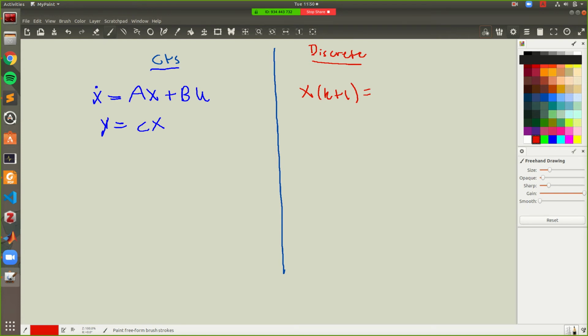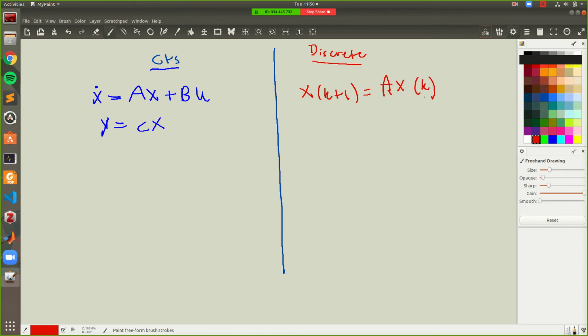So what does a differential equation do? It captures the dynamics in our states. It tells us how our states are changing with time. It's the same concept here. We have an idea of how our states are changing with our time steps.